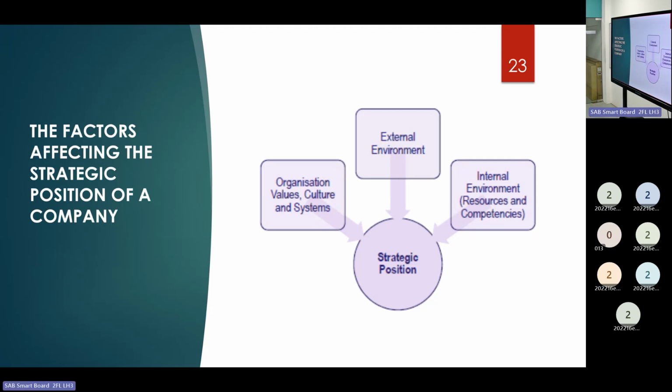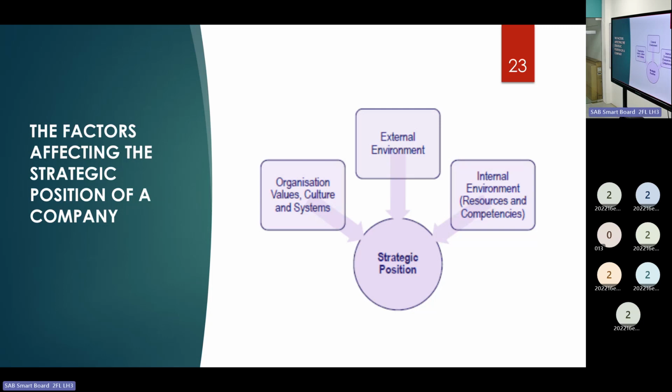The internal environment, resources and our competencies. You can't position ignoring the external environment and the internal environment. The internal environment means resources and competencies.